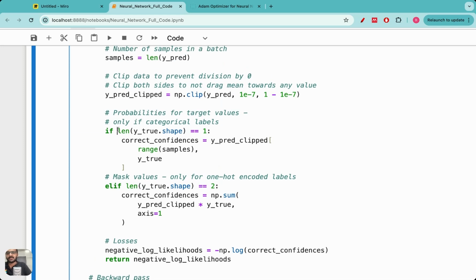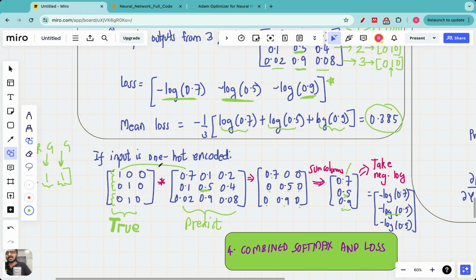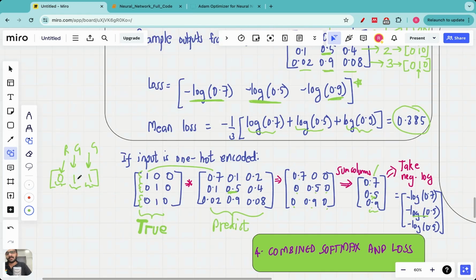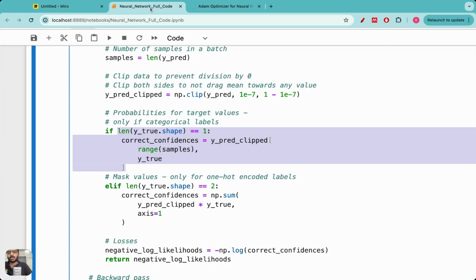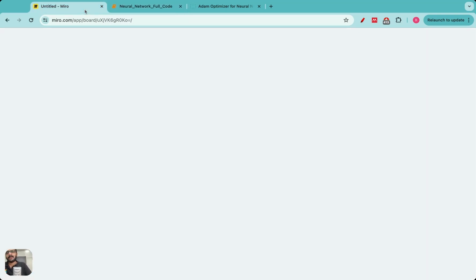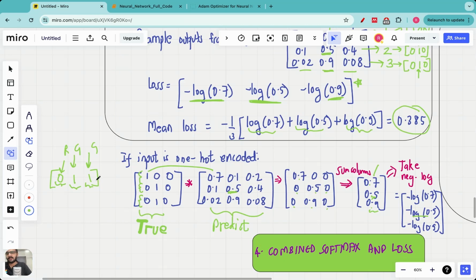But if the length of their shape is equal to 1, which means the true labels are just given as 0, 1, 1, for example, then all we need to do is look at that particular index in y true. If this is how the labels are given, we'll look at the predicted matrix and just look at those indices.